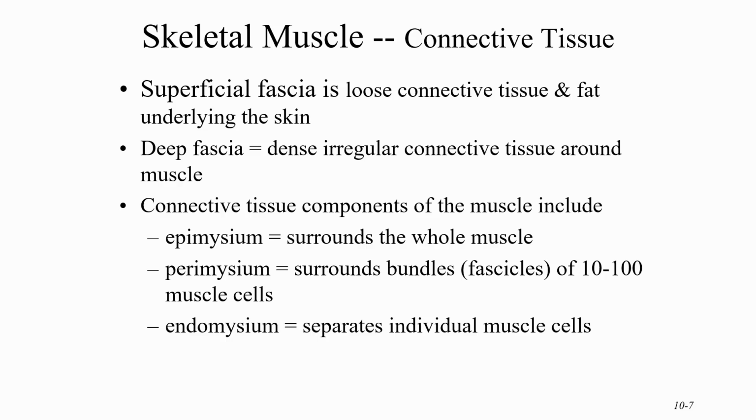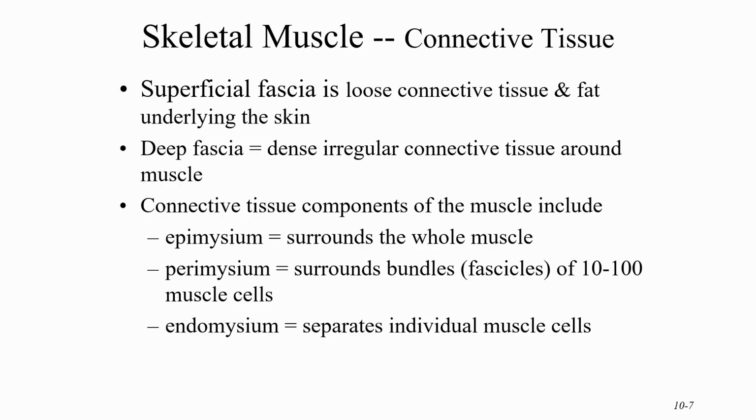So this would be like when I would unwrap that tape from that bundle and I would just have the individual wires. Think about those as the individual muscle cells. Well, what surrounds wire? Well, you have that plastic insulation, right? That's what covers the wires. That would be like the endomysium.